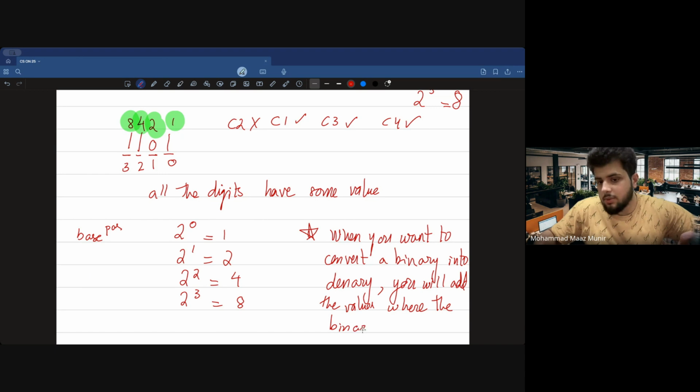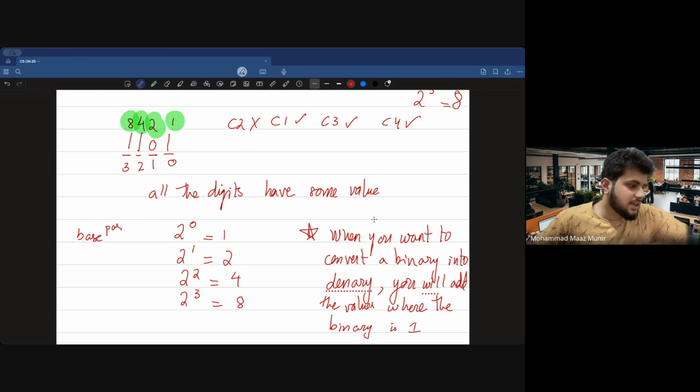That's the shortcut you need to memorize. Now, when we want to convert it, we need to firstly see exactly 100%. So we are just going to be adding the numbers where we have 1.